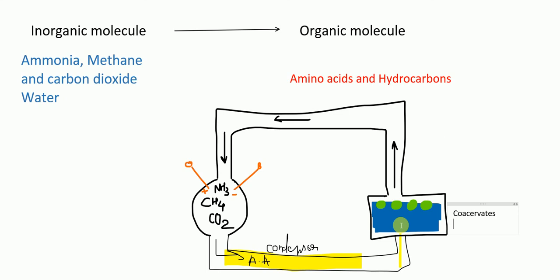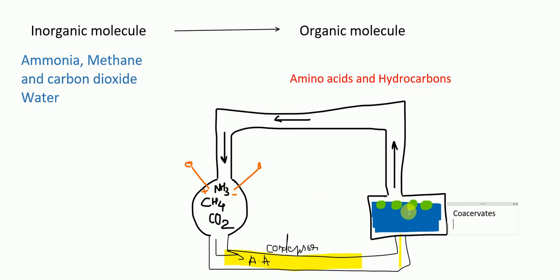Let's summarize the whole process once more. The Miller-Urey experiment provided an explanation of how an inorganic molecule can be converted into an organic molecule. For that, they designed an experiment. In the experiment, they had two chambers, one filled with water and the other filled with gas, and the chambers were connected.